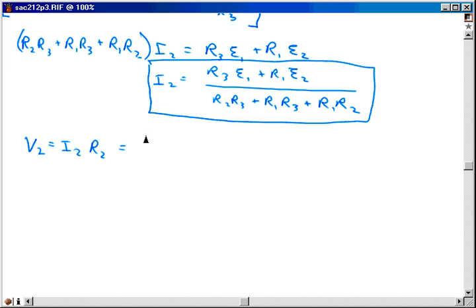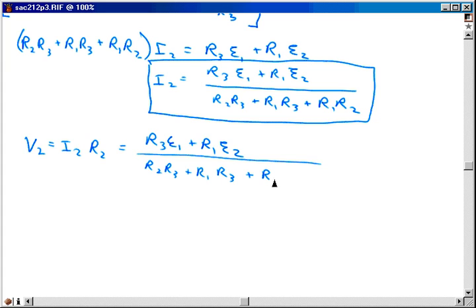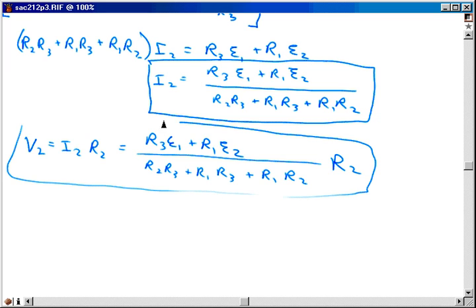So that's this whole expression times R2. That's my answer for V2.